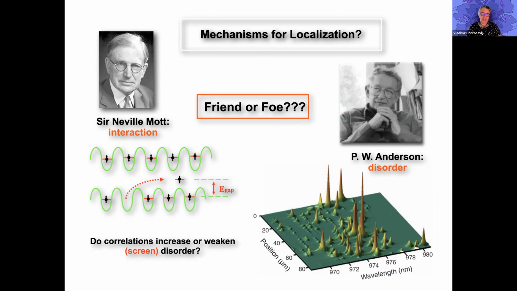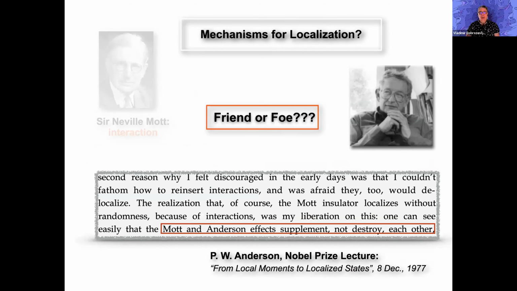Before I start presenting my own results, let me go back in history and remind you of what Phil Anderson said in his famous Nobel Prize lecture in 1977, which can easily be found online. It's entitled "From Local Moments to Localized States." In this lecture, he said: "The second reason why I felt discouraged in the early days was that I couldn't fathom how to reinsert interactions."